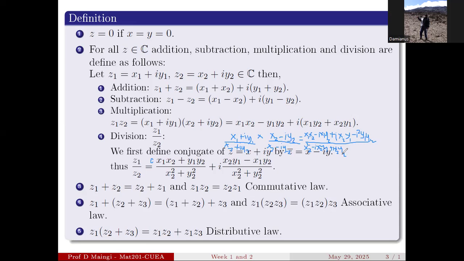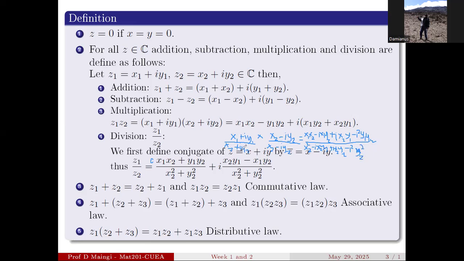So iy2 times x2 is i y2 x2 or x2 y2. And lastly, iy2 times minus iy2 gives you plus, or rather minus, i squared y2 squared. Just check whether I've written this correct.